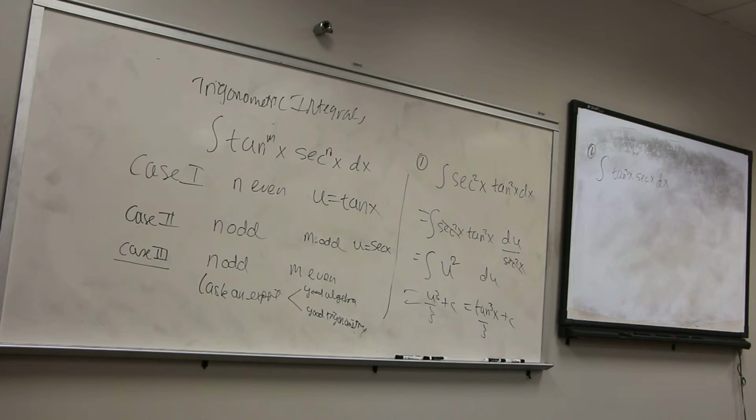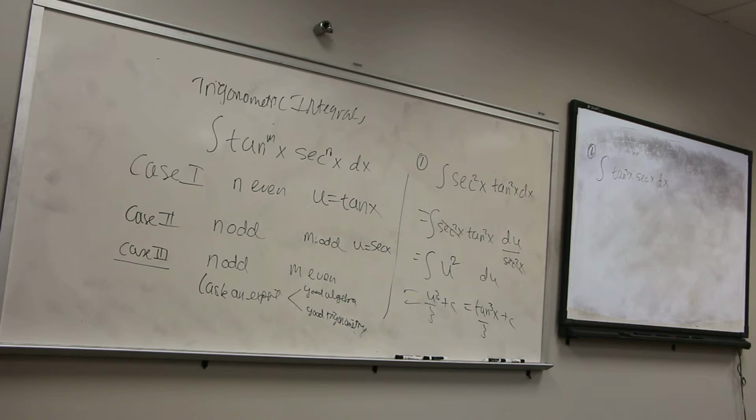It doesn't just cancel out, it's tangent squared plus 1. Secant x divided by secant x is equal to tangent squared x plus 1, and that's just secant squared, so the antiderivative of secant squared is tangent x.